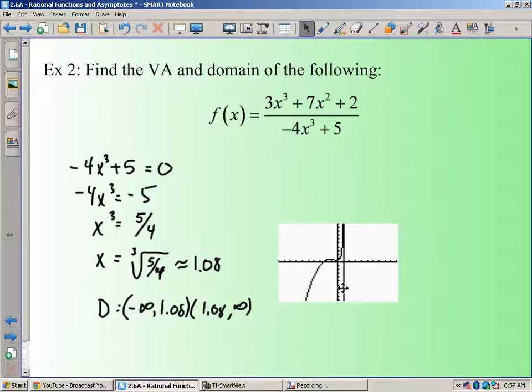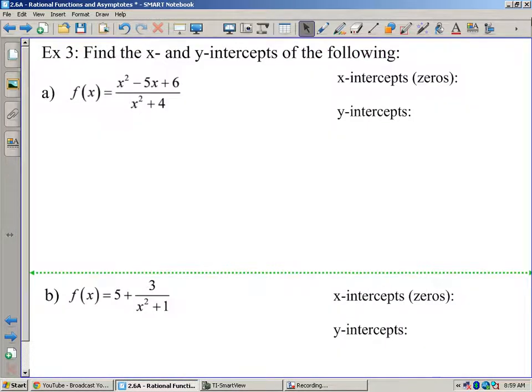Alright, so then moving along here, if we're asked to find the x and y intercepts of the following, and this is just to help us get sketches of graphs. If I'm looking for x-intercepts, I'm going to plug 0 in for y, because that's where I'm crossing the x-axis. So 0 is going to equal x squared minus 5x plus 6 all over this thing on the bottom. And doing some algebraic manipulation, I'm going to multiply by x squared plus 4 on both sides.